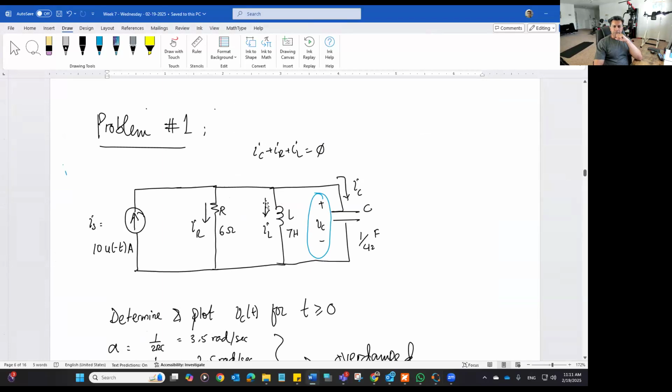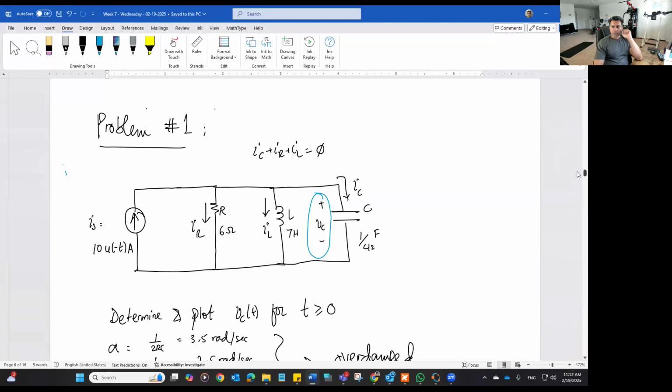The inductor current is flowing and starts supplying current to both the capacitor and resistor. So the capacitor starts charging in the opposite direction, and it changes its polarity, plus and minus.